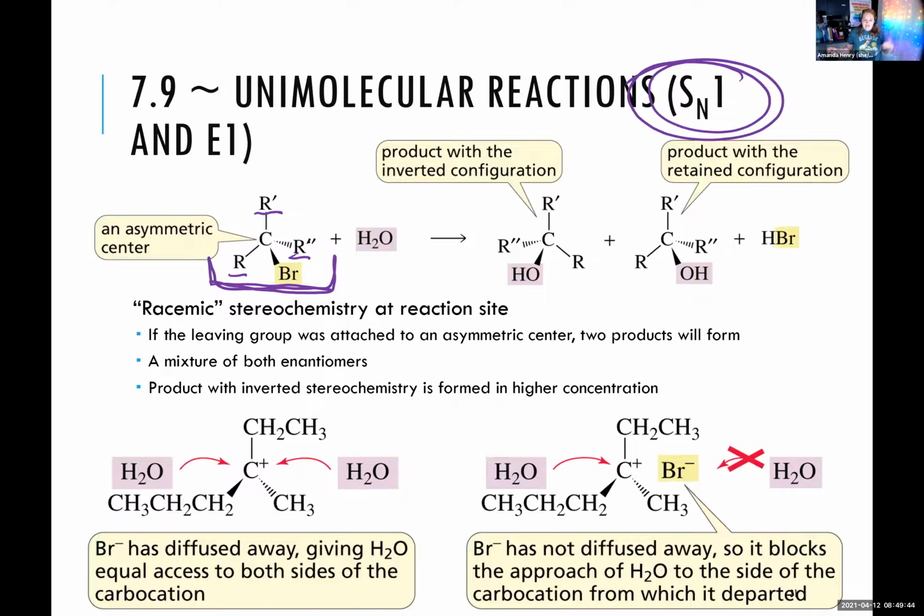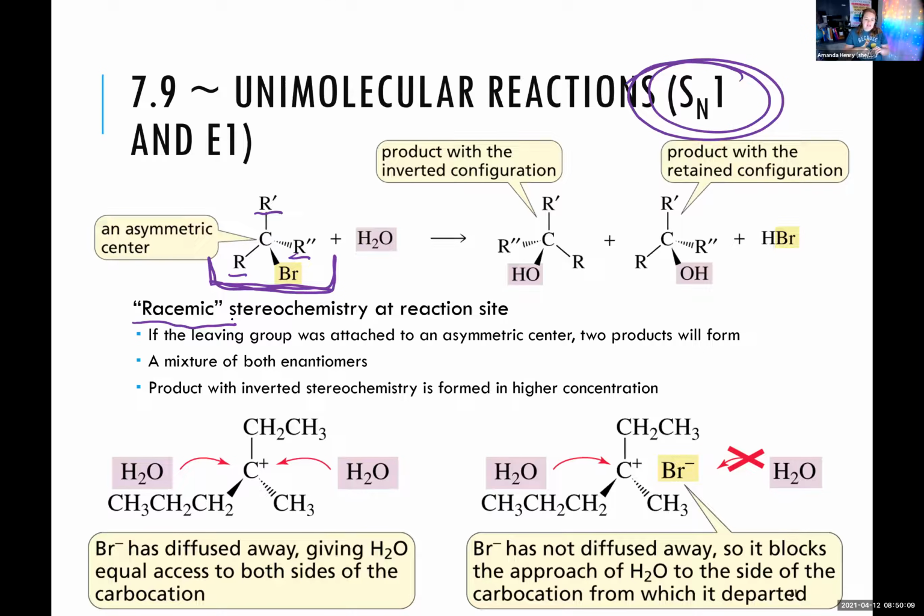When this substrate goes through an Sn1 reaction, we will get a "racemic" mixture. The reason why it's in quotes is because it's not technically racemic. What I mean by that is when we have a racemic mixture, it's 50% R, 50% S, an equal mixture.